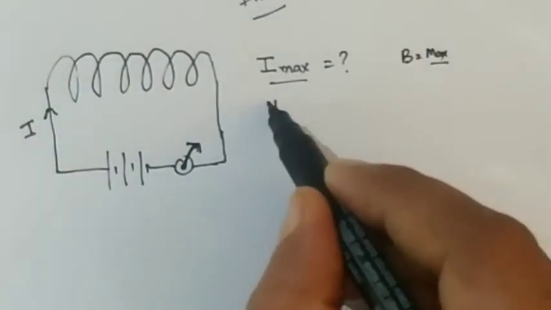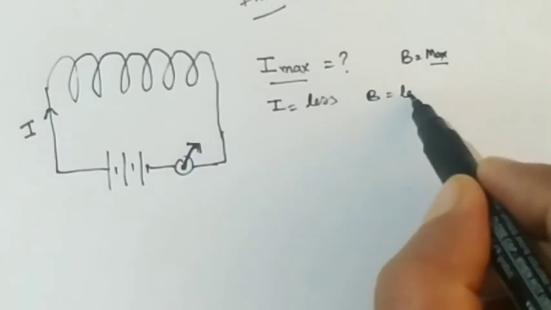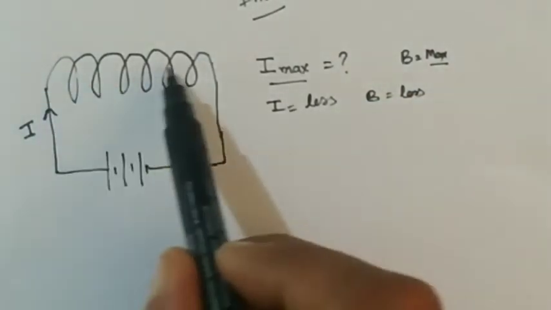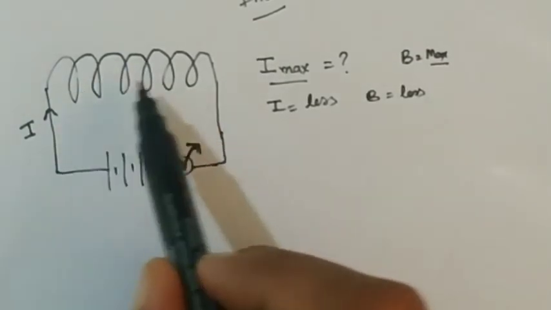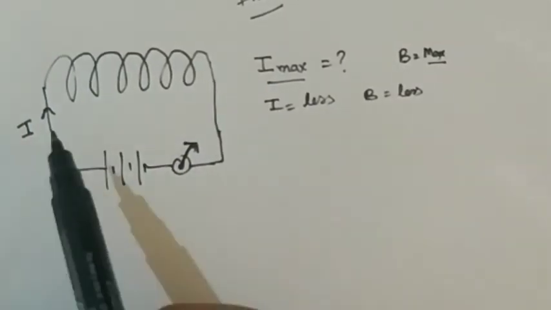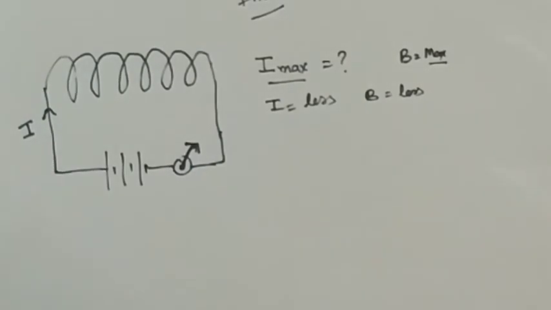The current becomes less, so the magnetic field also becomes less. This decreased magnetic field, or decreased magnetic flux linked with this coil, induces a current in these coils or in these loops.